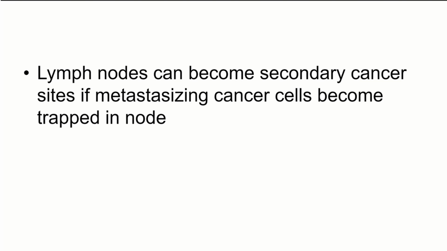Another disorder of the lymphatic system is when the lymph nodes become secondary cancer sites. Remember, we talked about some white blood cells that specialize in neutralizing or killing off cancer cells. And cancer cells, when they metastasize, actually begin to move through the body, and they end up in the lymphatic system just like a lot of fluid does.